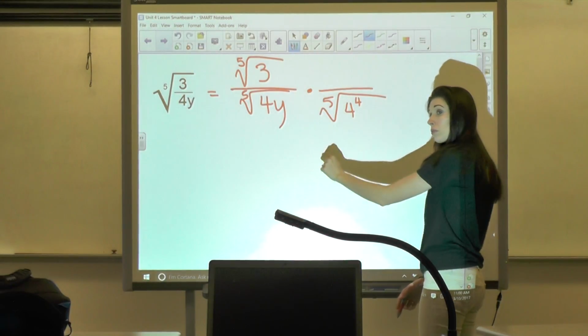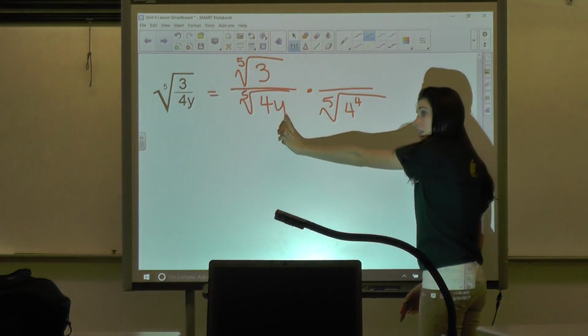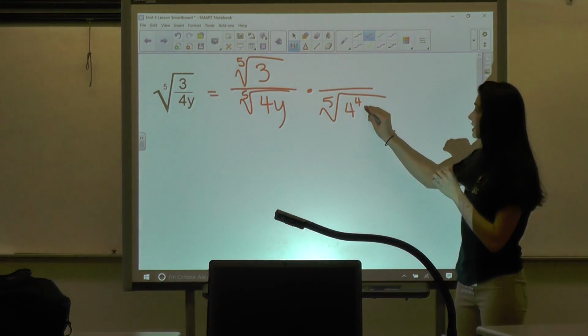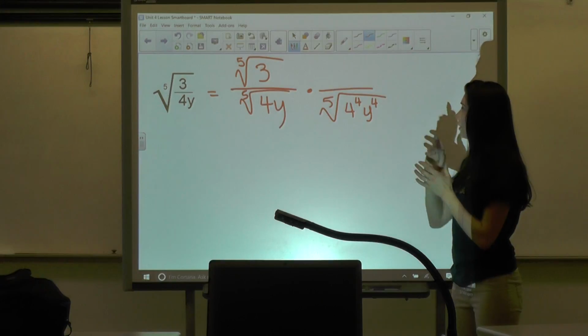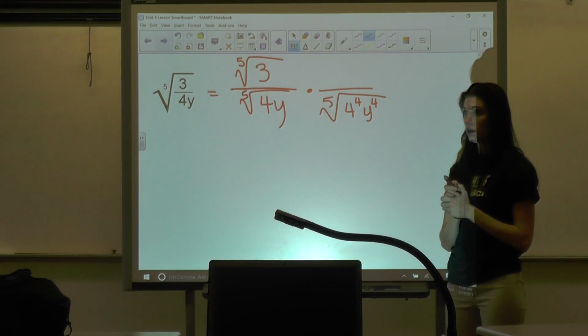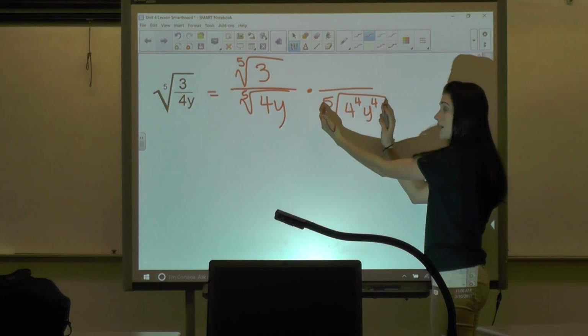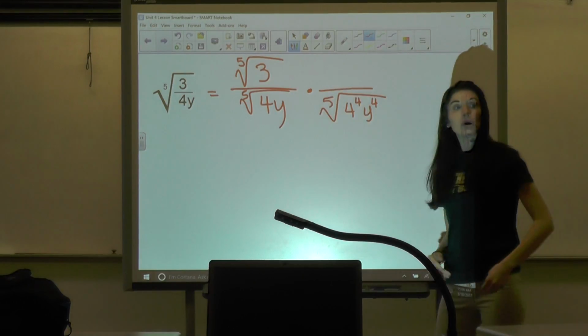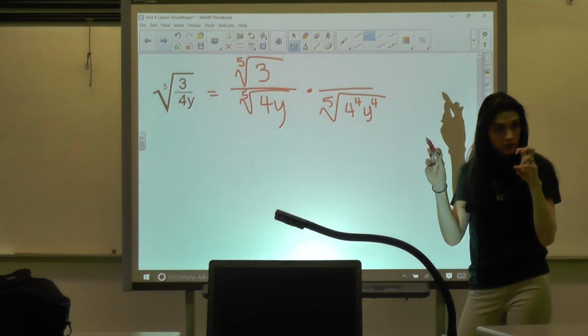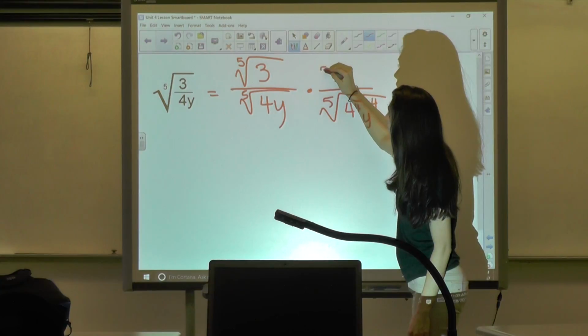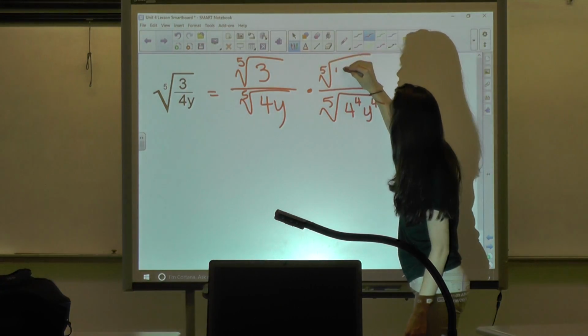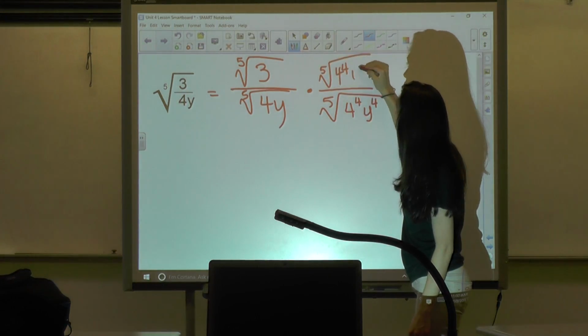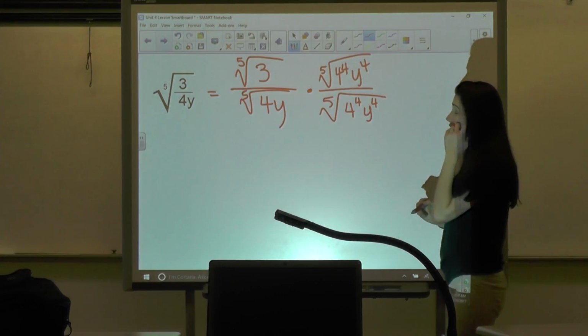And I want 4 more y's because I have 1 y, and I need 4 more y's, so we'll multiply that by y to the power 4. Now what I have on the bottom, I need to have on the top, because we want to multiply it by 1. So you will multiply it by the 5th root of 4 to the power 4, y to the power 4.